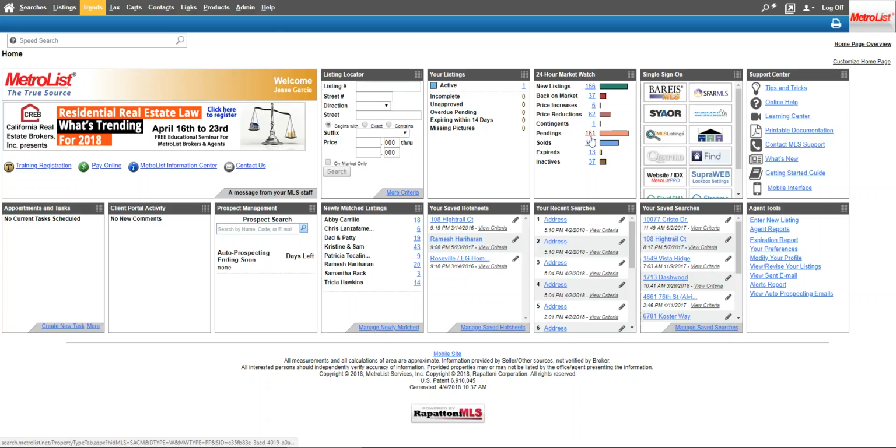161 homes went pending. So look at it this way. If 156 new homes hit the market and 161 homes went into contract and 109 homes sold, that's why inventory is so low, because we're selling at this point, based upon the last 24 hours, we're selling more homes than homes are hitting the market.